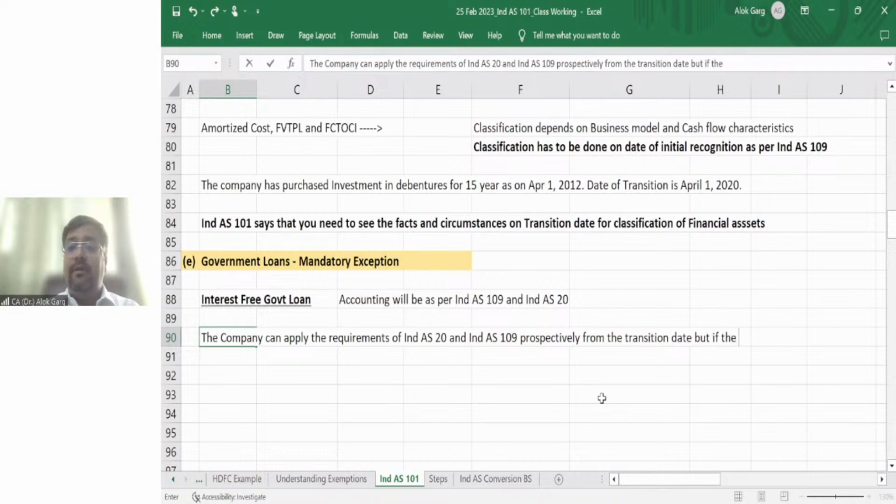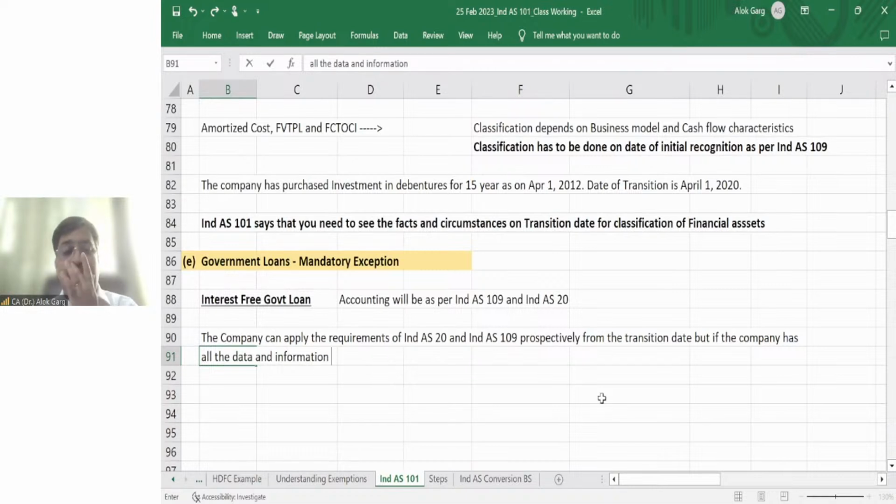But if the company has all the data and information, for example, the company has received a government loan 2 years ago, an interest-free government loan, right? So what is the general rule? Apply the Ind AS 109, Ind AS 20 accounting since beginning.